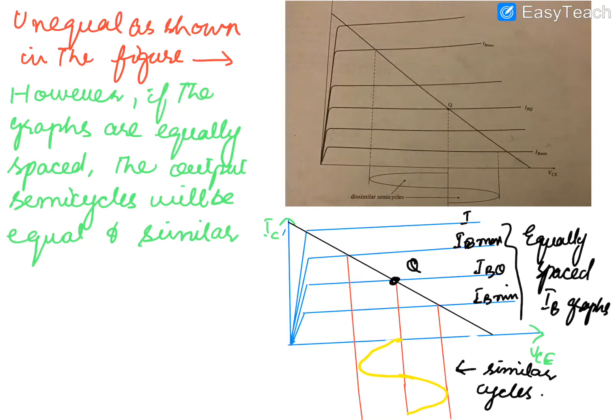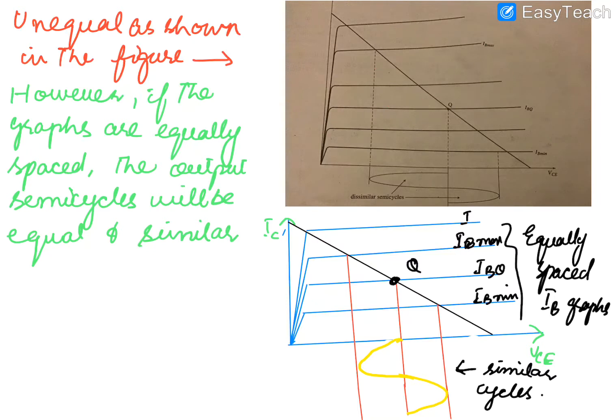This is because of the non-linearity of the amplifier. There are stray capacitances and inductances in amplifiers due to which non-linearity occurs, because non-linear voltage and current relationships are due to the capacitances and inductances present in the amplifier circuits. So as you can see, there is unequal spacing between different values of IB.